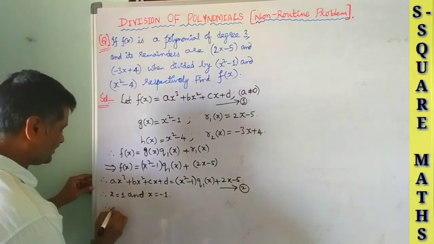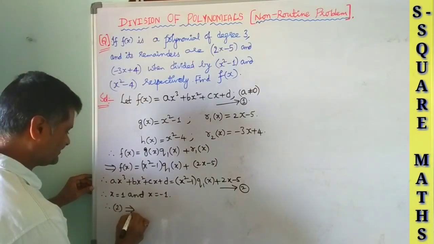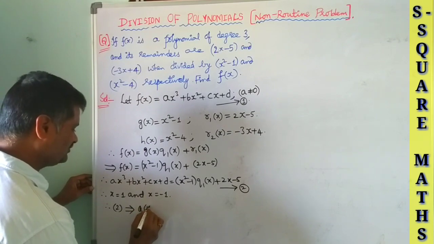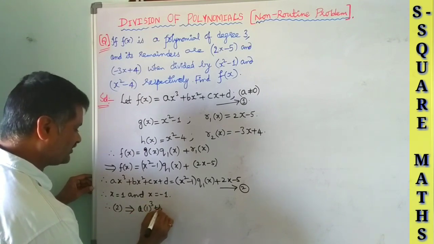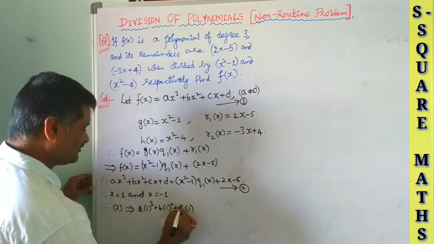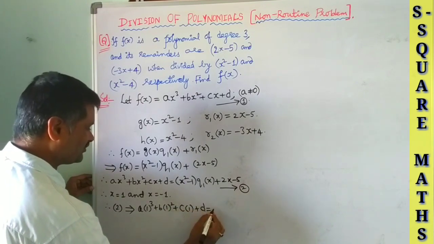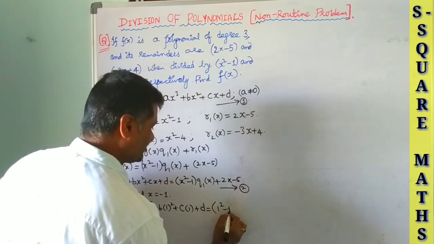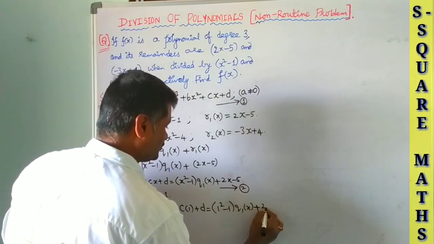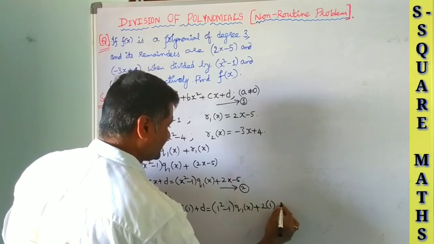So I can write a into 1 cube plus b into 1 square plus c into 1 plus d is equal to 1 square minus 1 into q1 of x plus 2 into 1 minus 5.